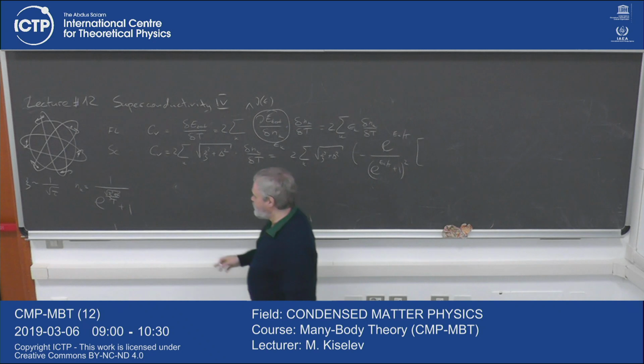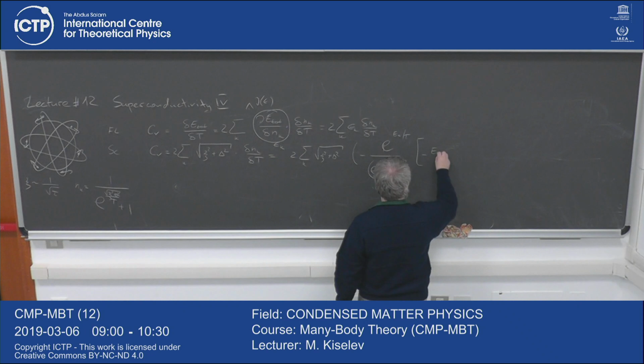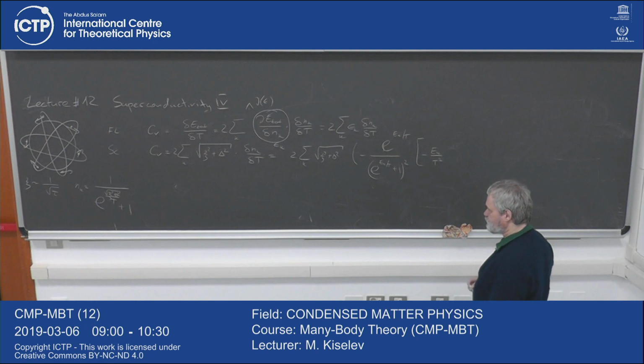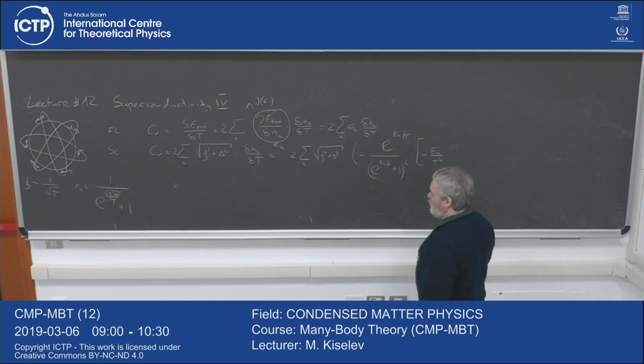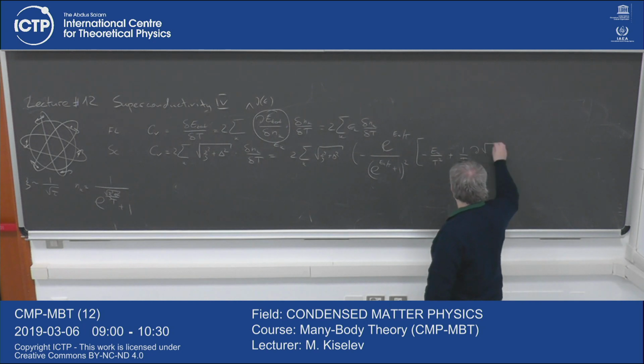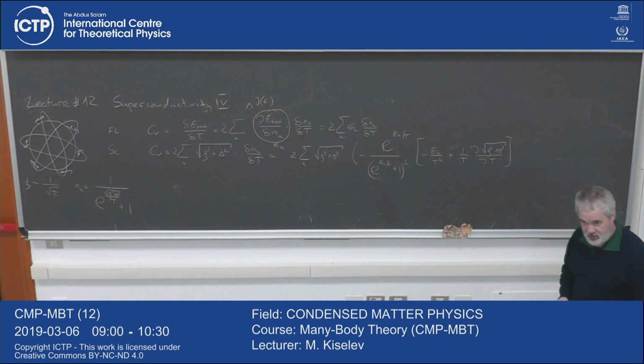Now I need to differentiate the argument with respect to temperature. So this is minus ek over temperature square, plus 1 over temperature, d square root of xi square plus delta square over d temperature. So here, since the energy comes into the distribution function, I do differentiate this because delta depends on temperature.